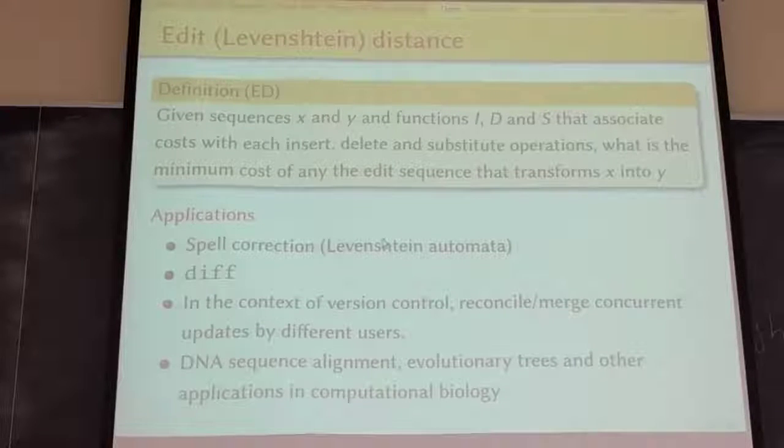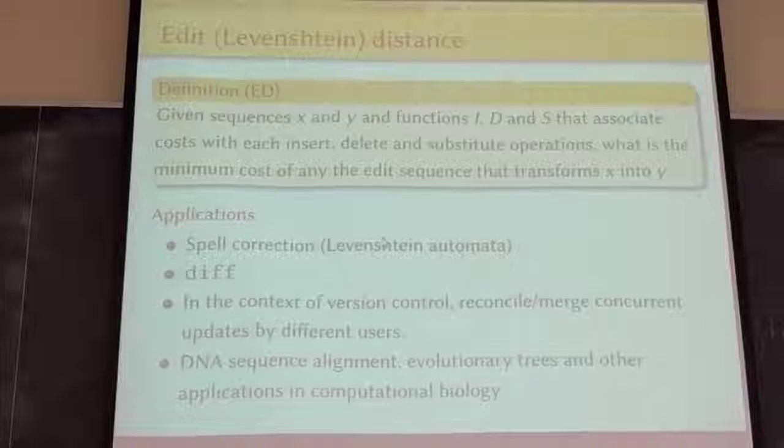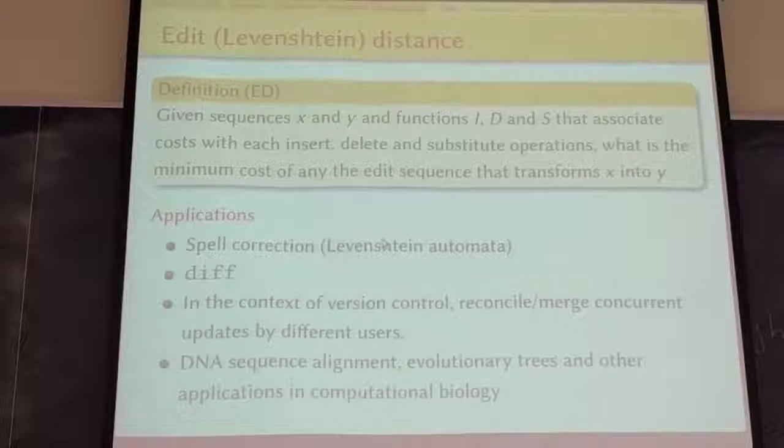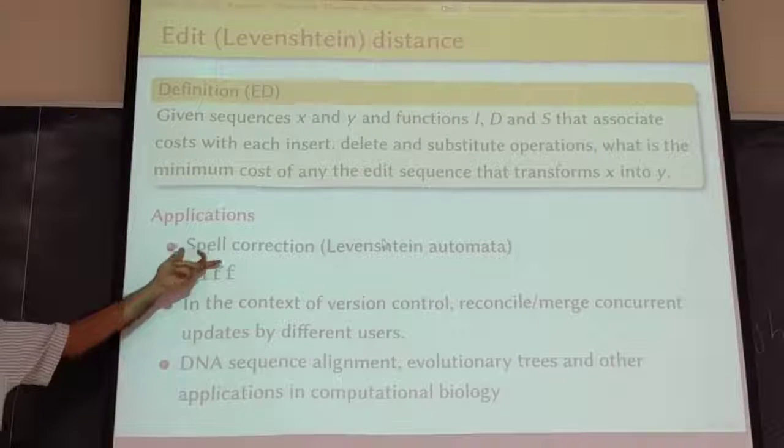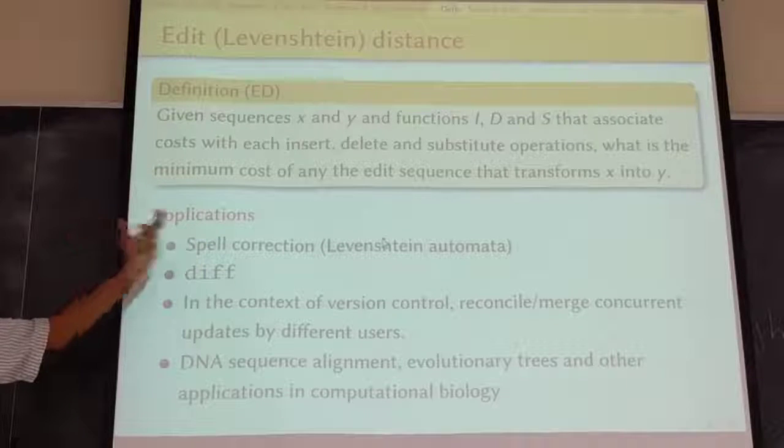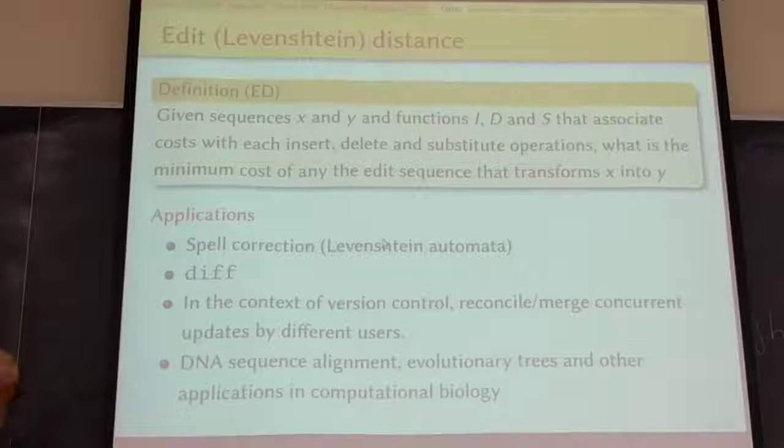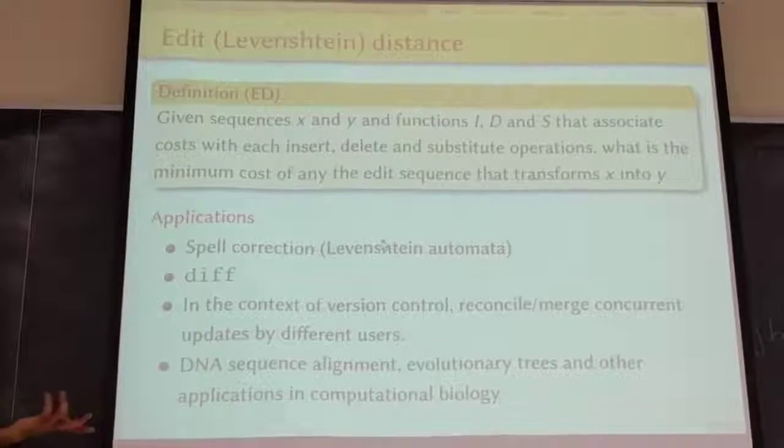So it's an algorithm with a very wide range of applications. Spelling correction: when you do a spell check, underneath there is an edit distance calculation being done, and what is being suggested as a correction are words in a dictionary that are at the smallest edit distance from some word that you have typed in that's not in the dictionary.